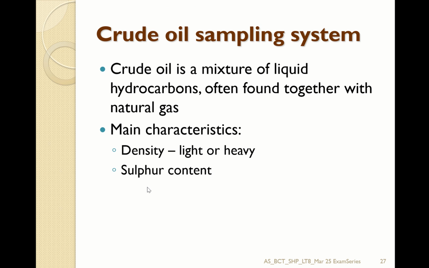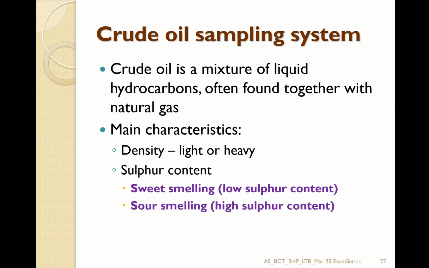As I mentioned just now, different regions have different sulfur content in the crude oil. Sulfur content is actually described by whether it's sweet or sour. Sweet means it's low sulfur. If it's sour, it means the sulfur content is high.